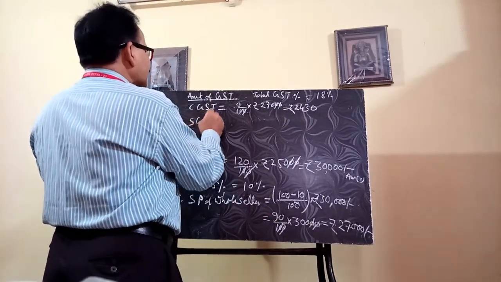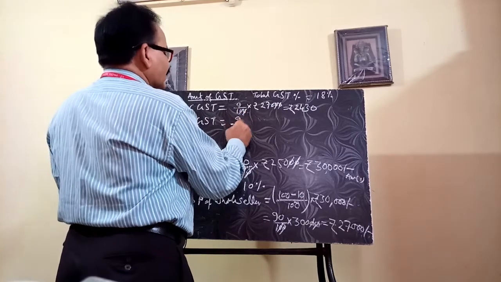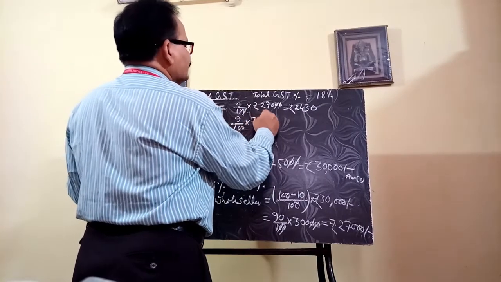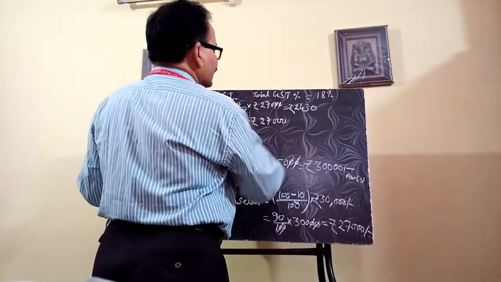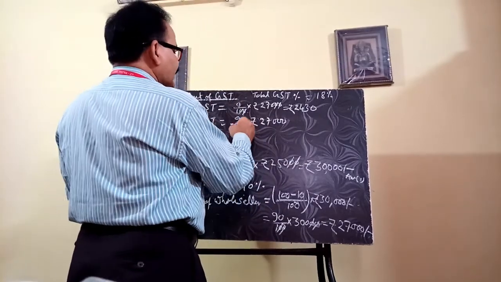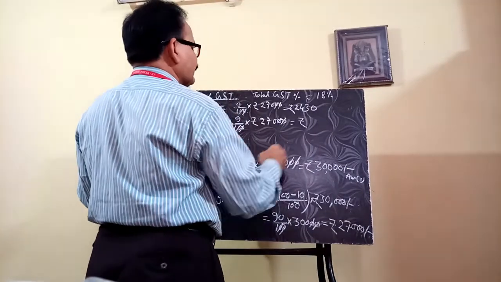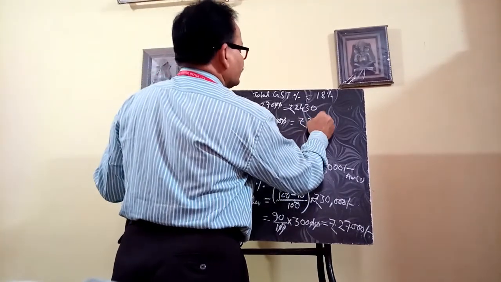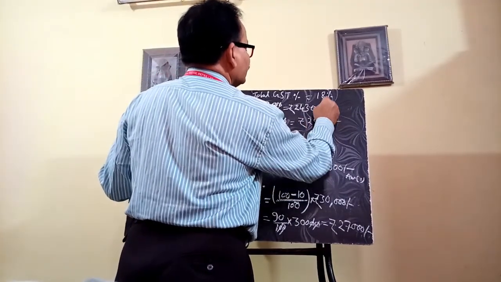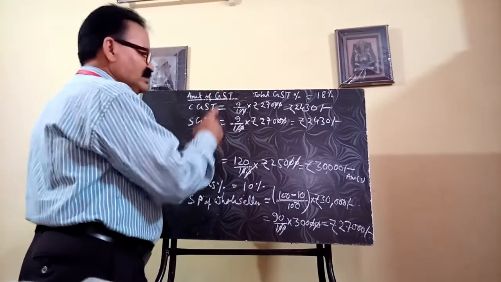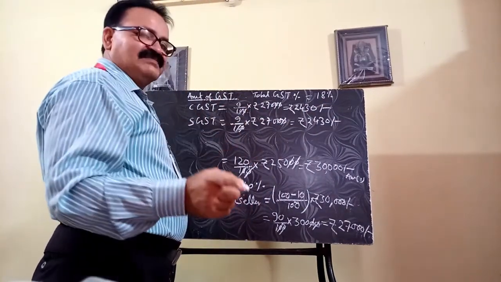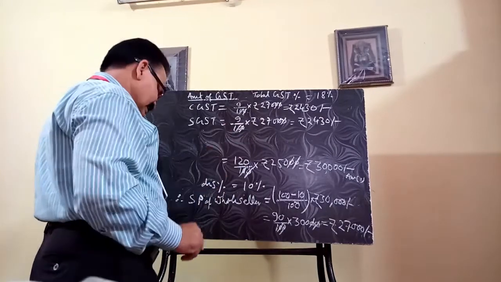Then SGST is also the same, 9% of rupees 27,000. Again you can cancel 0. While multiplying 27 into 9, this is rupees 2430. So these are the two GST charged by the wholesaler on the retailer.